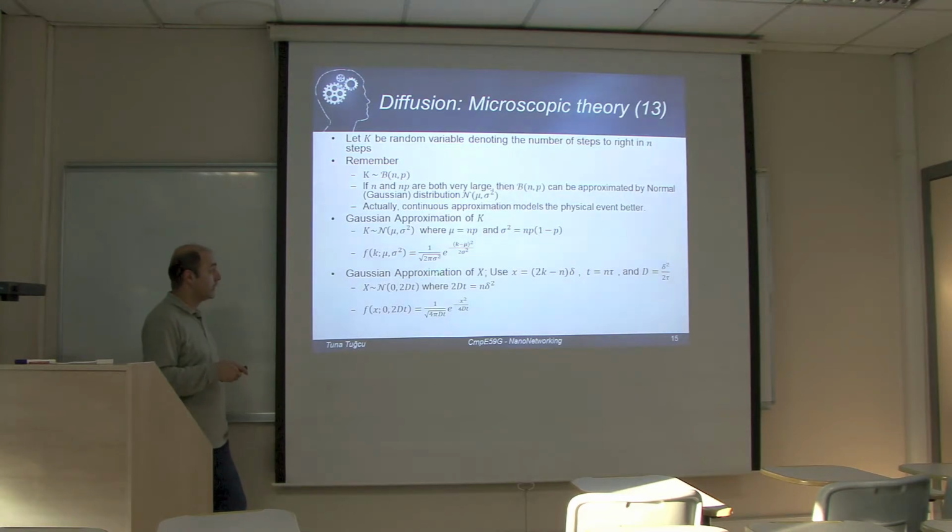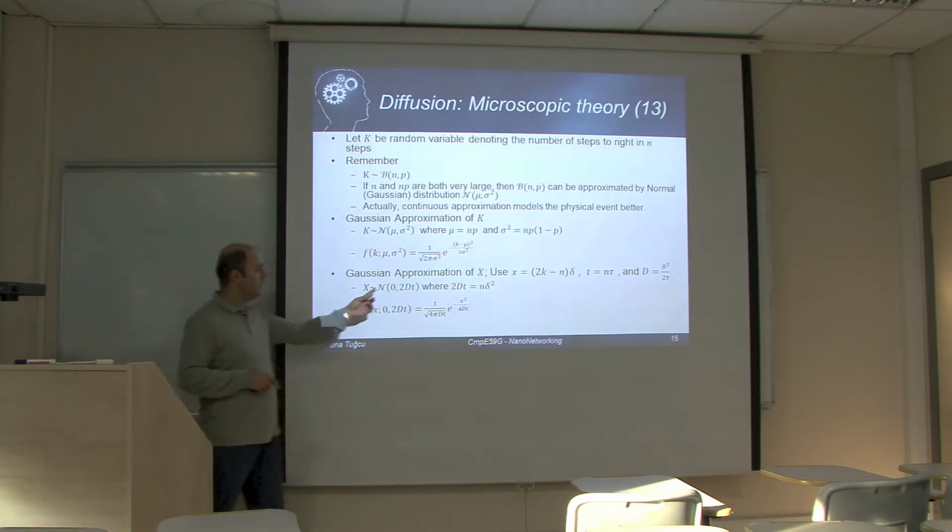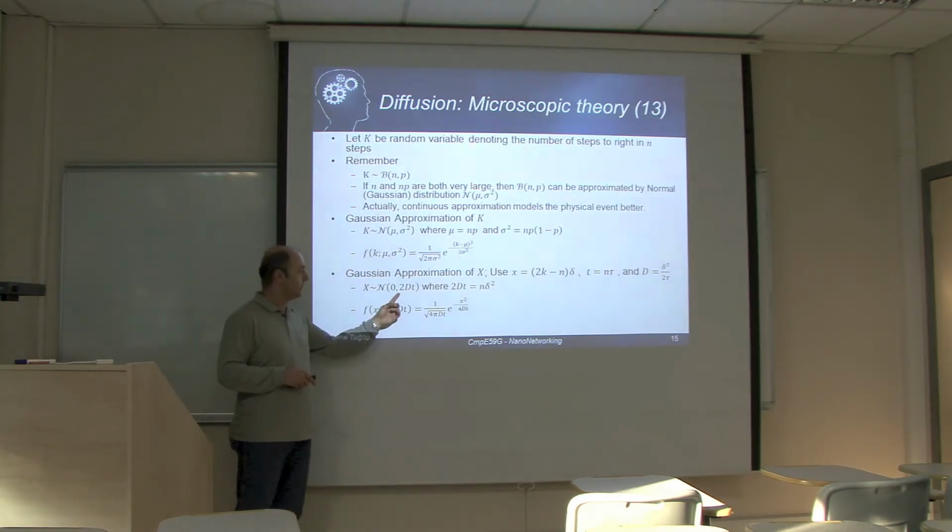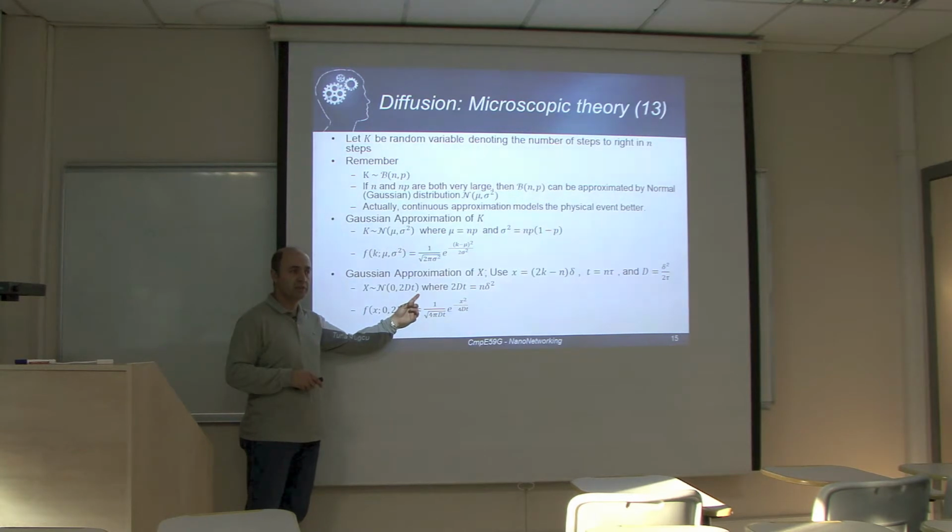If you try to have a Gaussian approximation of x, then x would be (2k minus n) times delta. We know time is the time to take a single step times the number of steps, n tau. And we know the diffusion coefficient is delta squared over 2 tau. So x would now be a normal distribution with mean 0 and variance 2Dt.